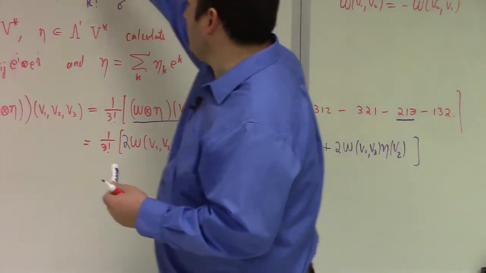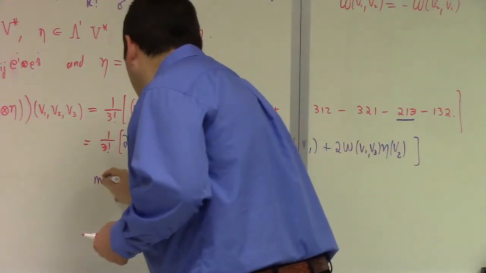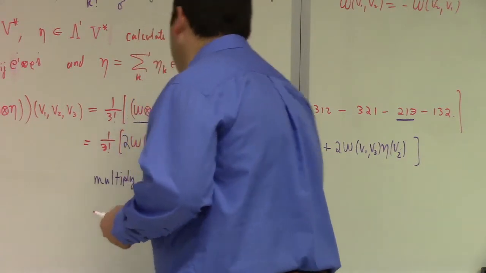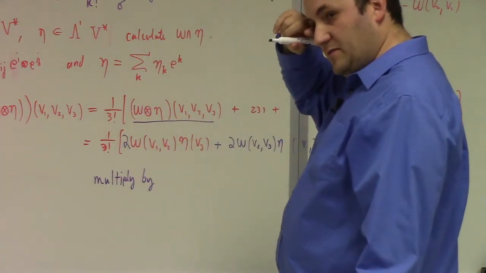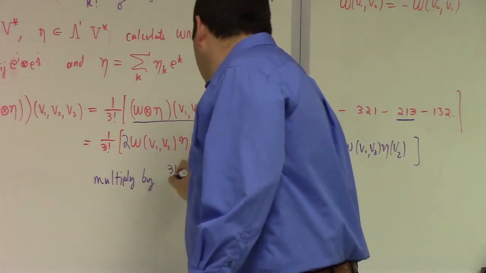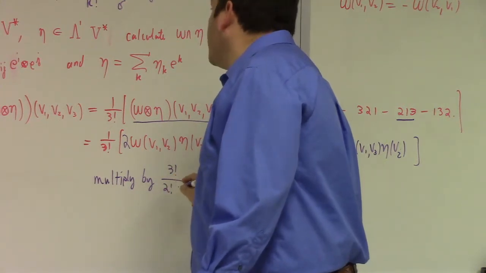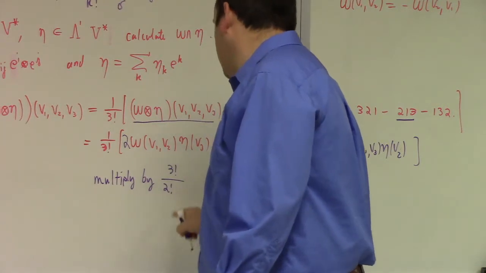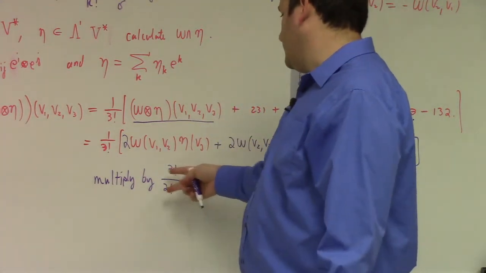Is this factor, right? So then we multiply this by what? P plus q factorial is what here? 2 plus 1. So we multiply by 3 factorial divided by 2 factorial times 1 factorial, or just 2 factorial. So you see what happens?